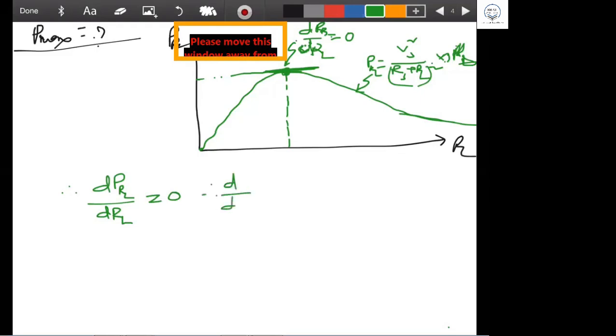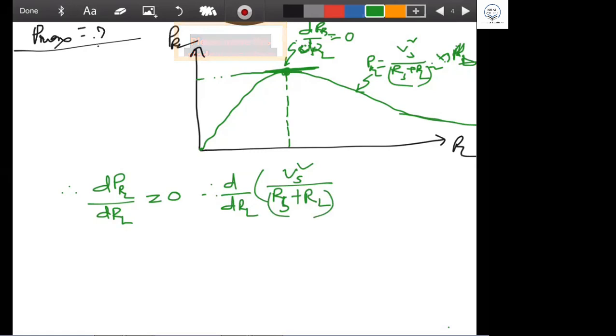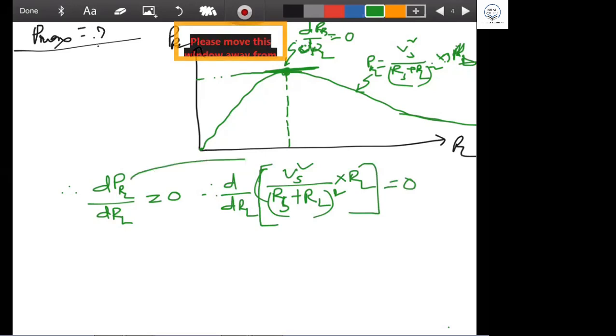It means d/dRL of VS square divided by (RS plus RL) whole square, into RL, is equal to 0. That means you are substituting the value of P_RL.